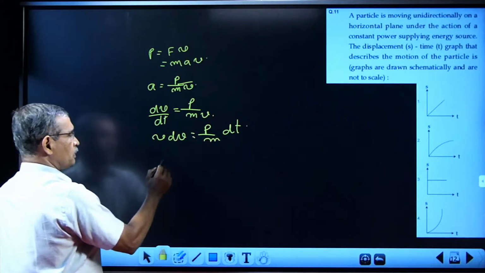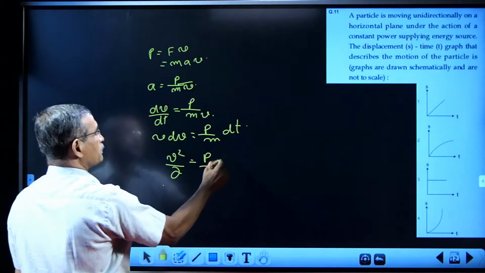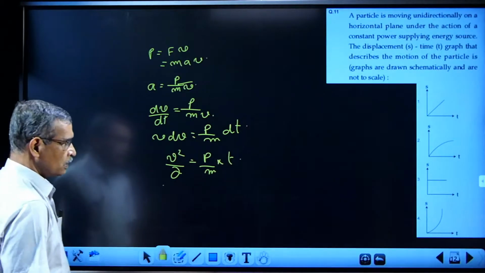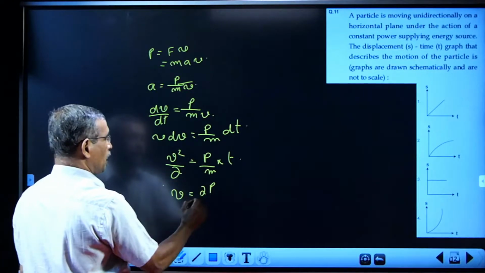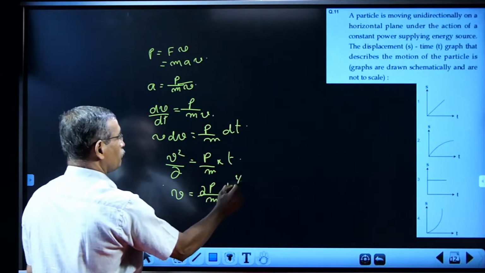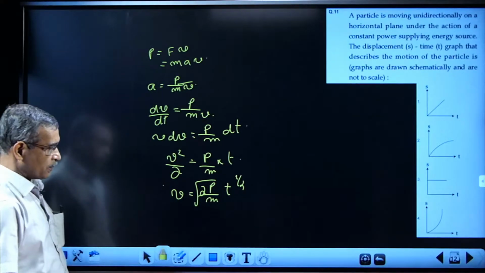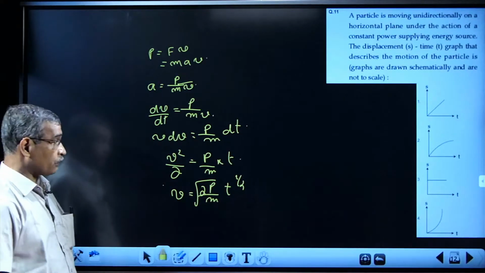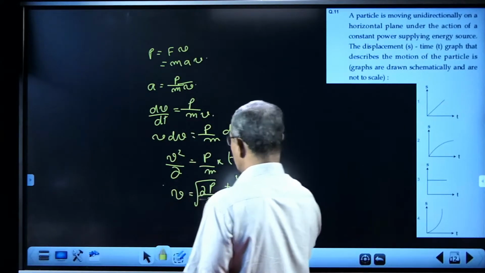Integrating, v squared by 2 is equal to P by m into t. From this, v is equal to root of 2P by m into t raised to half. But v is equal to dx by dt, because we want the relation between x and t.